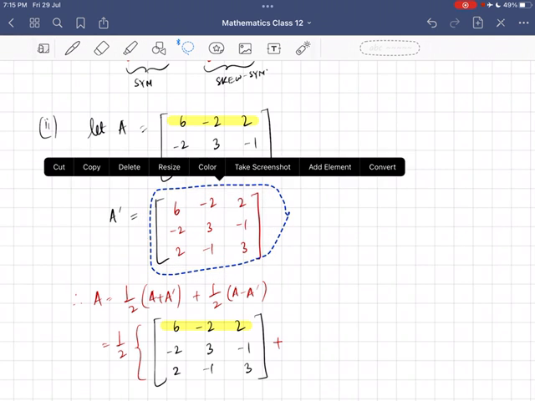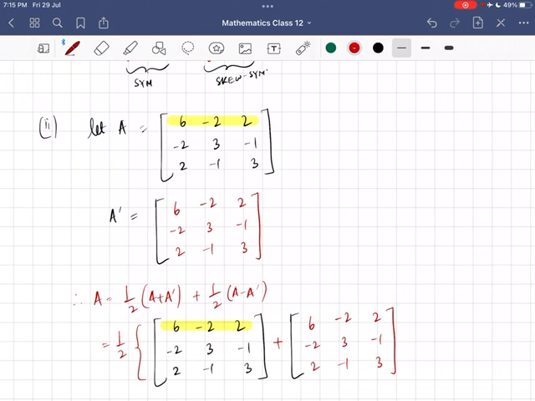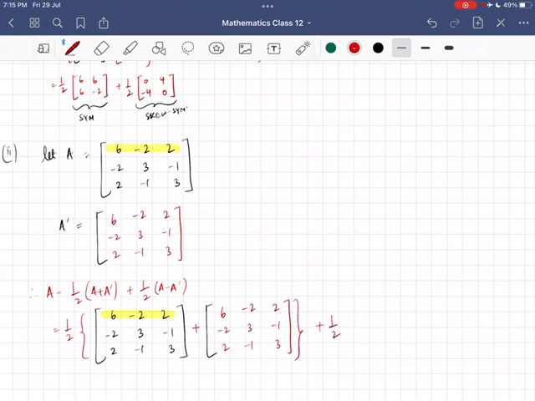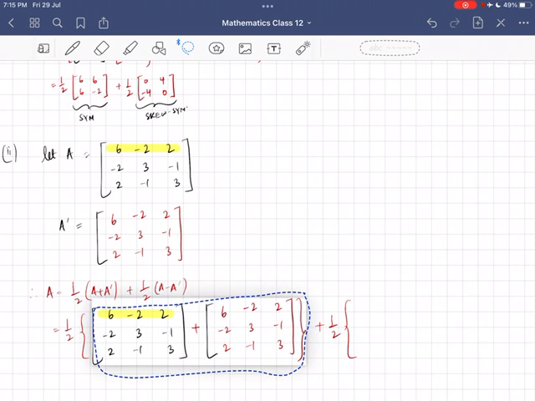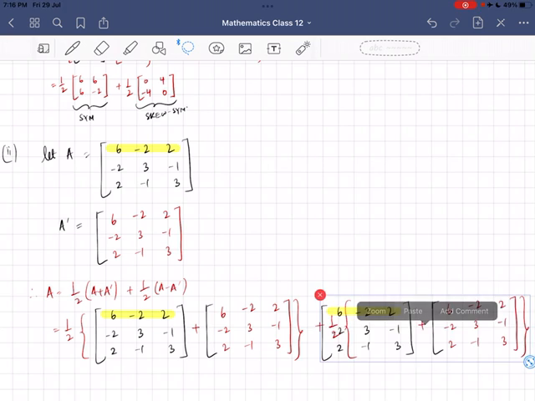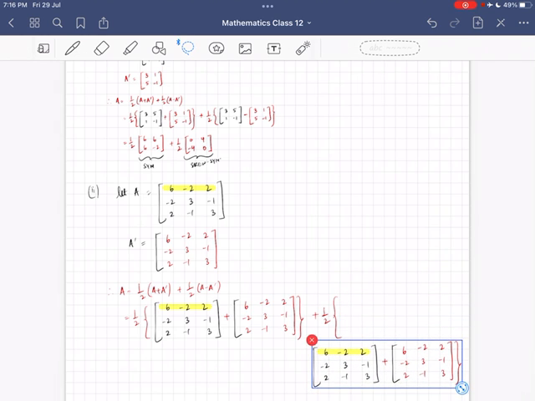Half of A plus A transpose, then plus half of A minus A transpose. I think we don't have space here, so we have to push it a little down. So we write half like this.